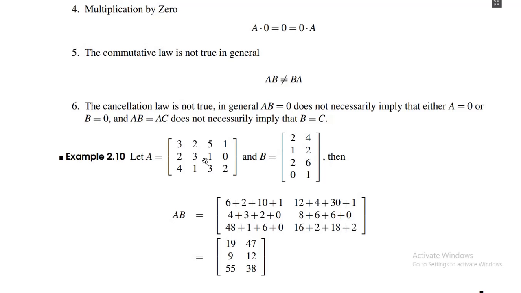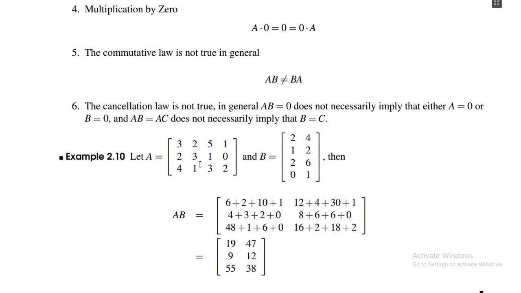So A times B is computed as 3 times 2 plus 2 times 1 plus 5 times 2 plus 1 times 0, as the first entry. The next becomes 3 times 4 plus 2 times 2 plus 5 times 6 plus 1 times 1.